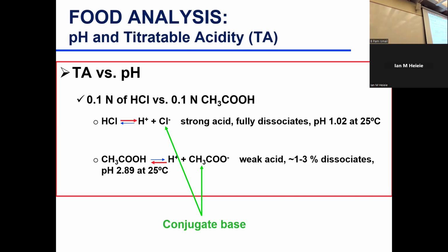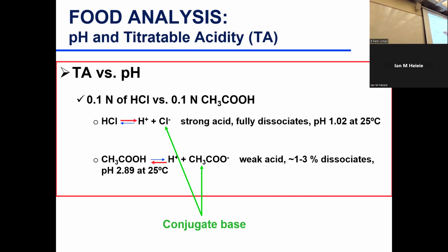Whereas acetic acid, a weak acid, only has up to 3% dissociation, so your pH is about 3 times higher than the strong acid.